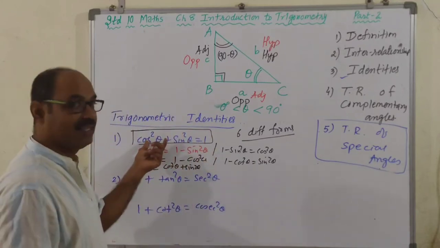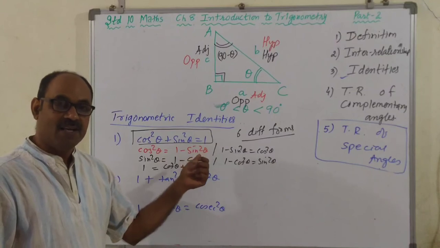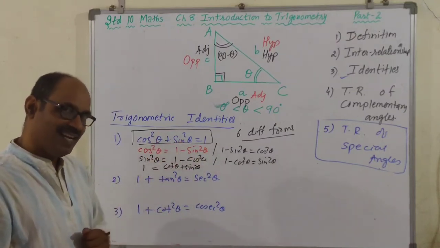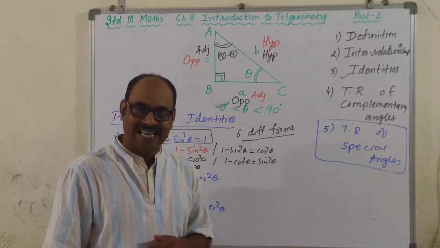So if you remember this and then quickly you are able to transform the other 5 forms from it, then it will be very easy. लेकिन this part is challenging and I know you would love to accept the challenges, correct?